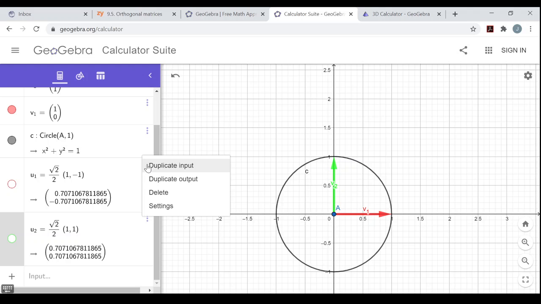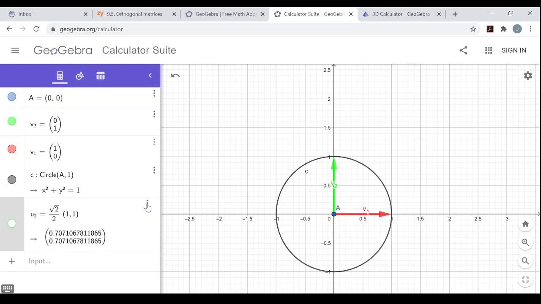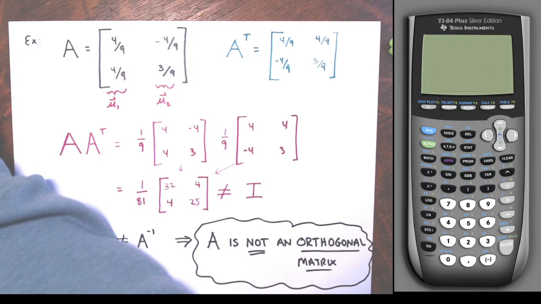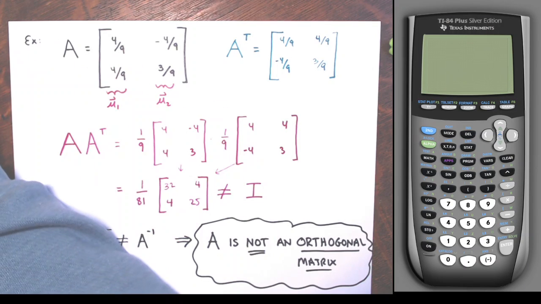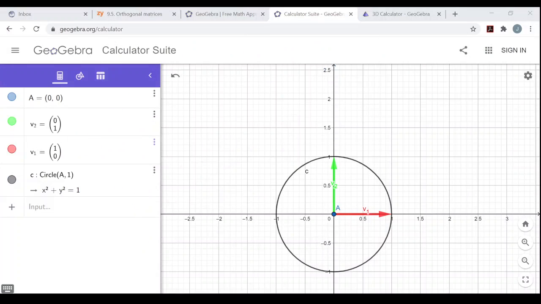So let's get rid of these. For this matrix, remember, u1 is the vector 4/9, 4/9, and this is where the vector 1, 0 would map to under a transformation that's represented by this matrix.